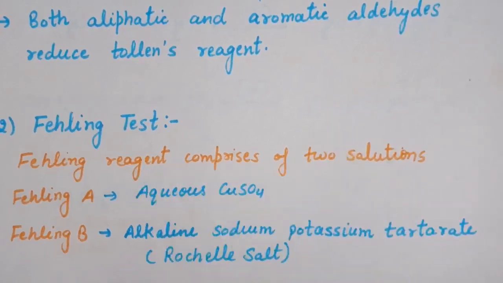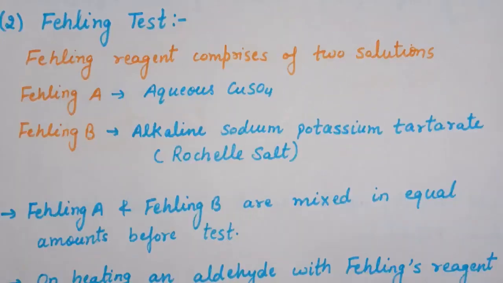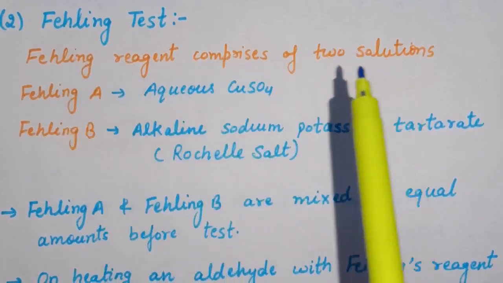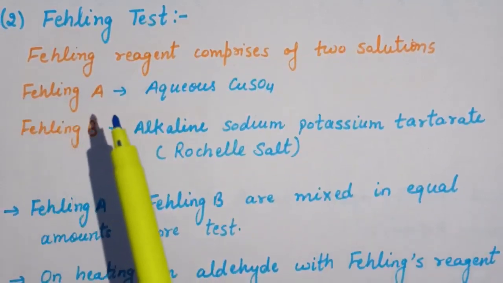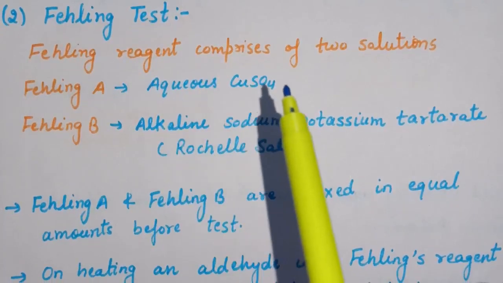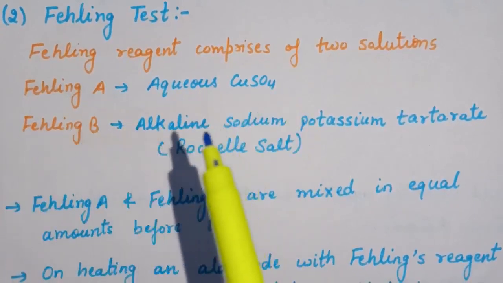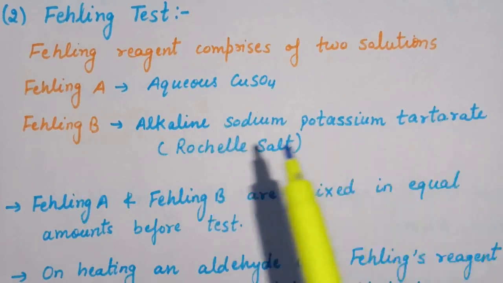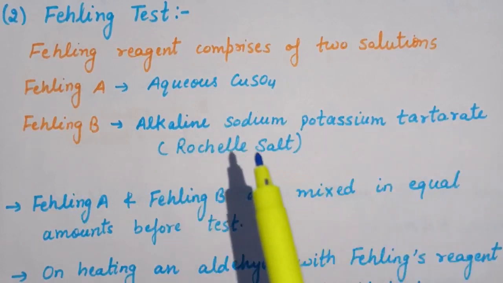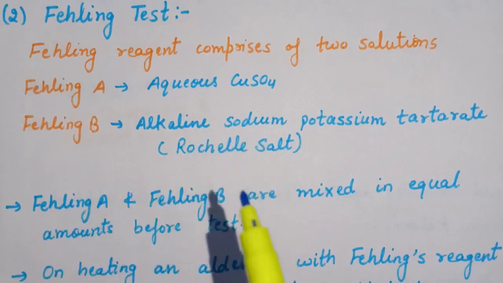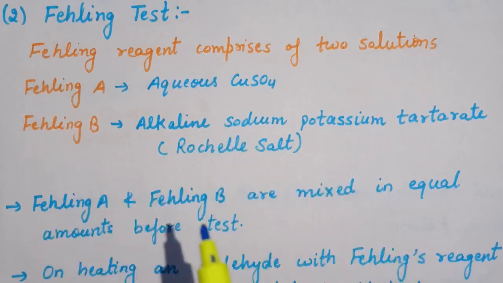Next is Fehling test. Fehling reagent comprises two solutions, Fehling A and Fehling B. Fehling A contains aqueous copper sulfate solution, and Fehling B is alkaline sodium potassium tartrate, that is Rochelle salt. Whenever Fehling test is done, Fehling A and Fehling B are mixed in equal amount before the test.